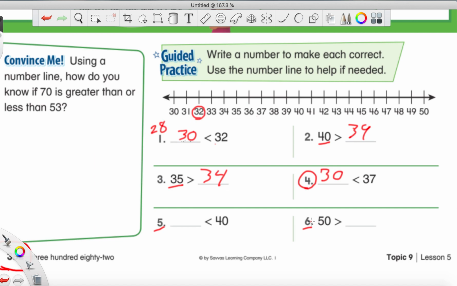All right, if you are not done yet, hit the spacebar, pause the video, take your time.